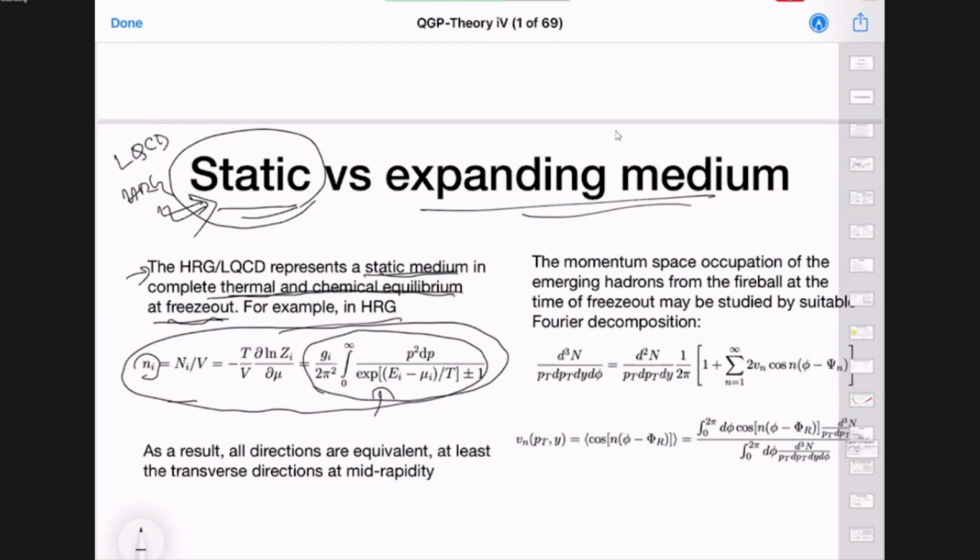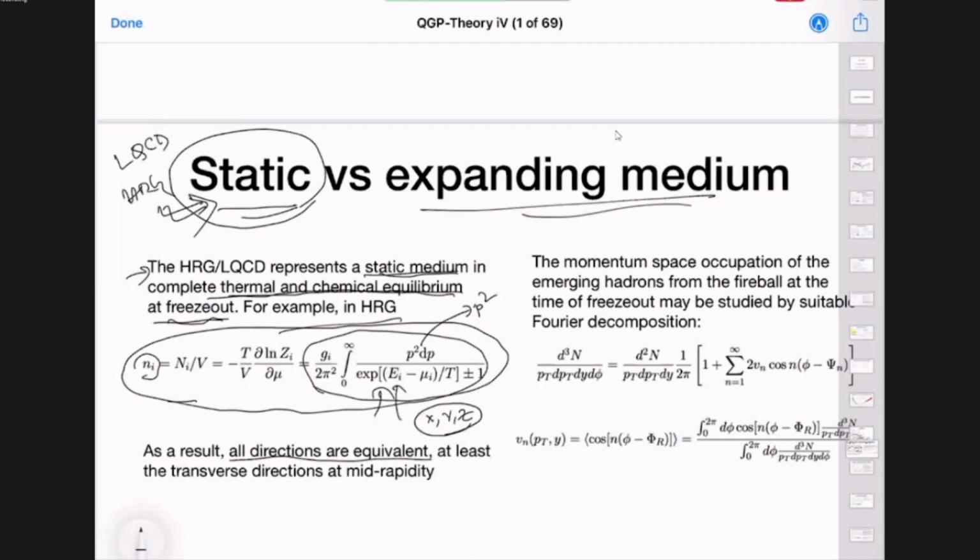What you see over here is that px, py, pz always appear in the form of p squared. So what does that mean? That your x, y, z directions are all equivalent, because in E also you will have p squared, and here also you have p squared. As a result, all directions are equivalent.